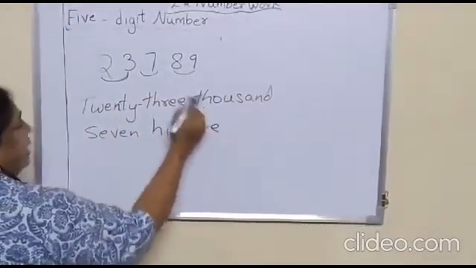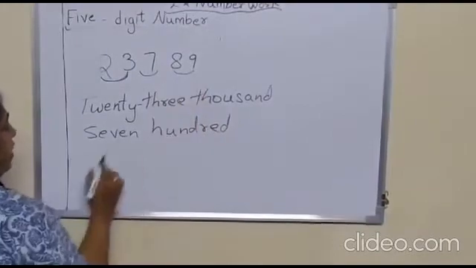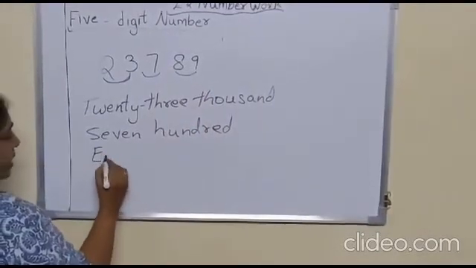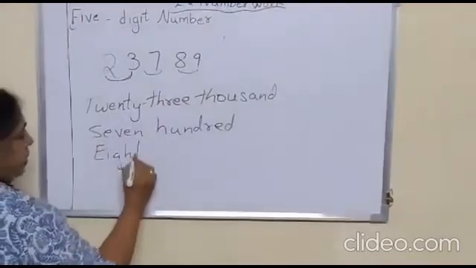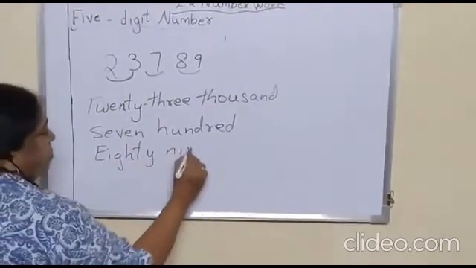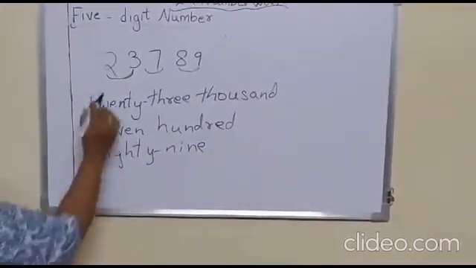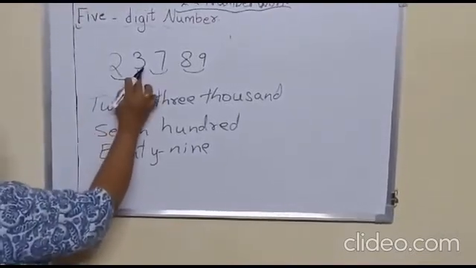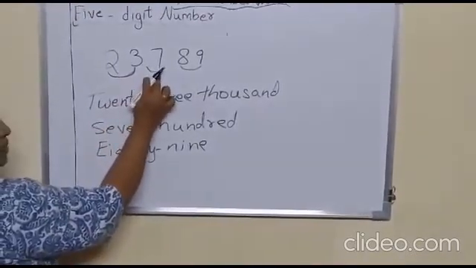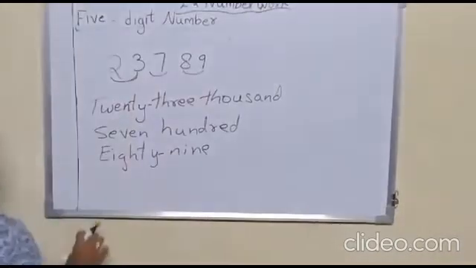And the last two numbers, that is 89, will come together. So keep in mind, children, when we are reading or writing a five-digit number, the first two numbers will come together. Then will come the third number, and then the last two numbers will come together.